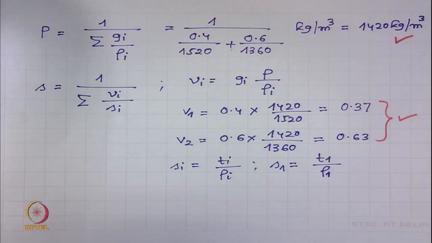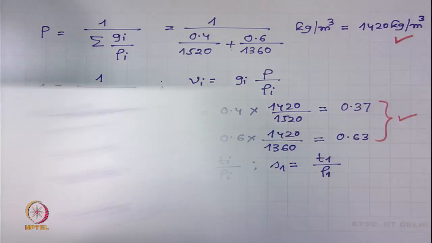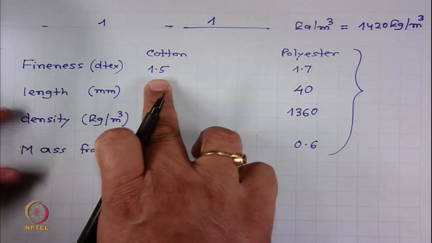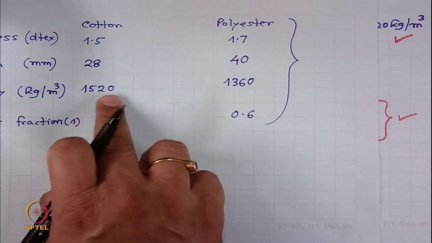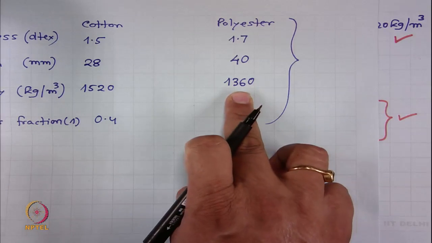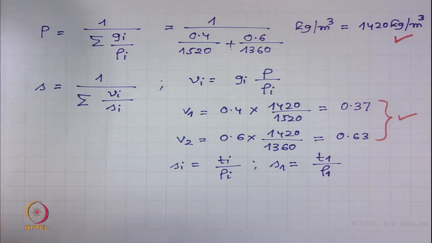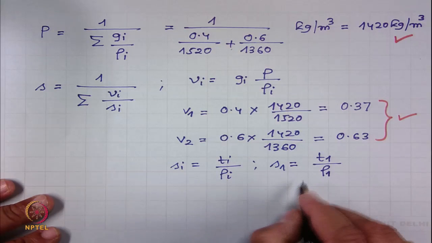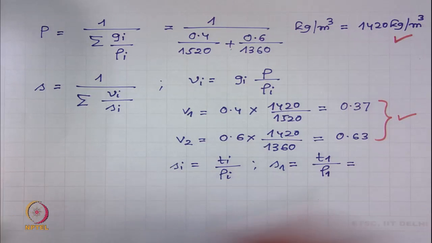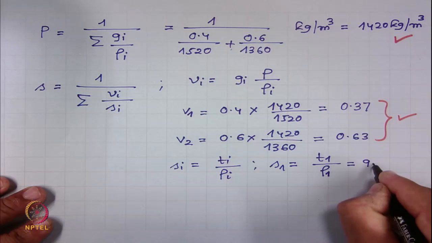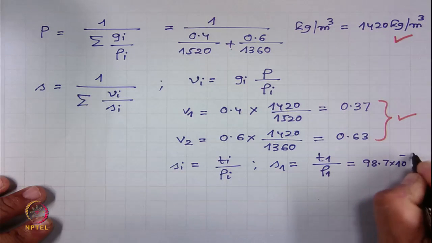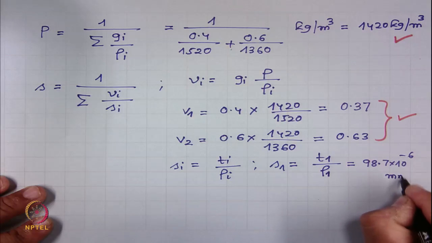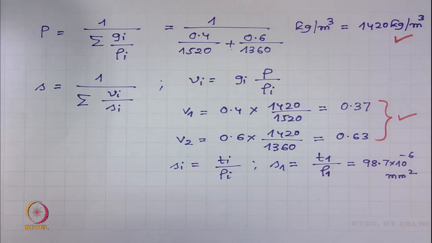Now, T1 is given as 1.5 decitex, T2 is 1.7 decitex, and rho 1 is given 1520 kg per meter cube, rho 2 is given 1360 kg per meter cube. So, if we use this expression and make the unit balance, then you will see the value will come somewhere 98.7 into 10 to the power minus 6 millimeter square.